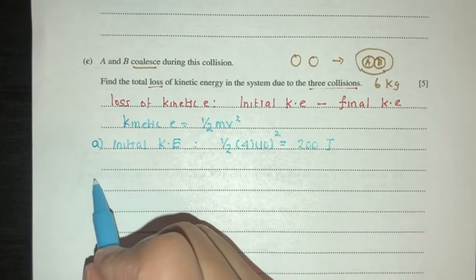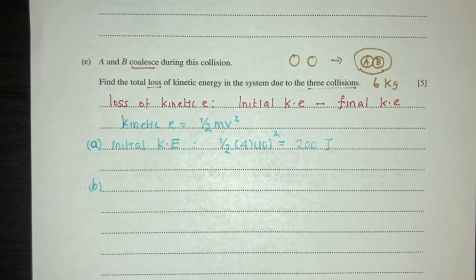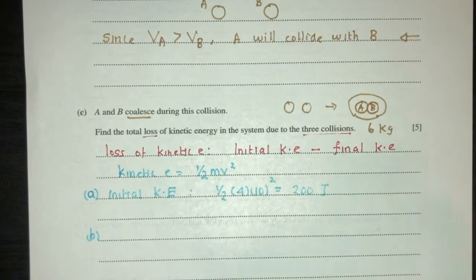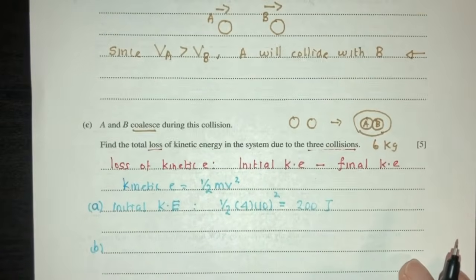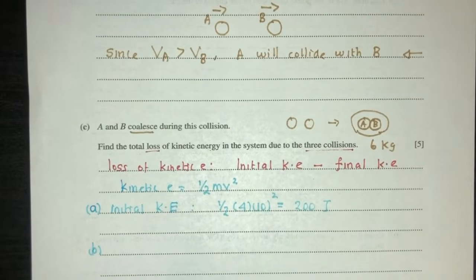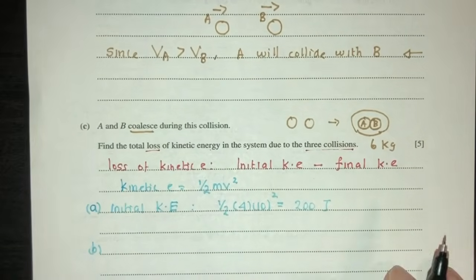Now we have to find the final kinetic energy. So to be able to find that, we have to find the speeds of them when they move together, right? So what happened was, on one side, these two were moving in the same direction, as you can see.